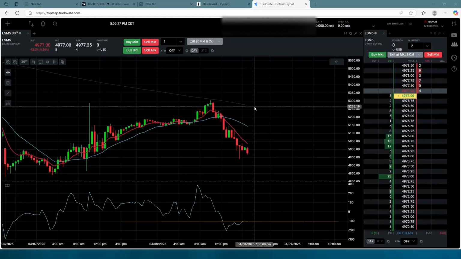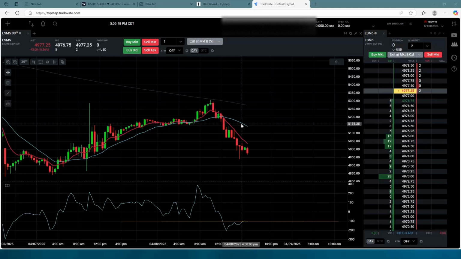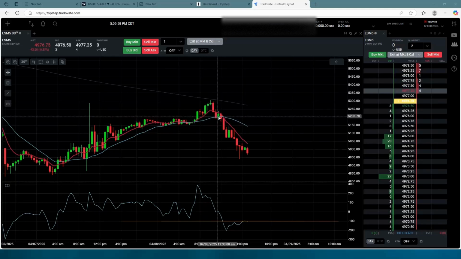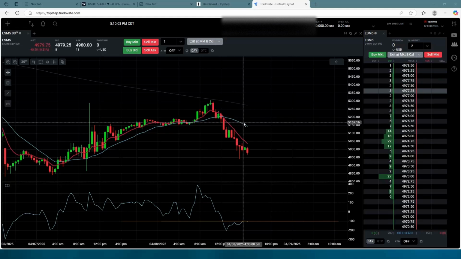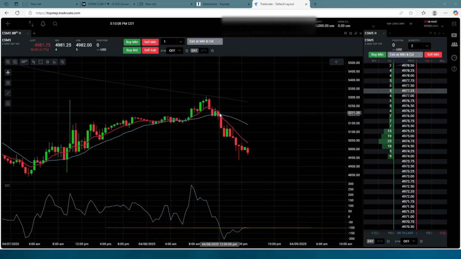As you can see, there are only 4 indicators, right? We have the 200 period moving average, the 20 period moving average, which is this blue line in this area, and then of course the 8 period EMA, which is the red line.